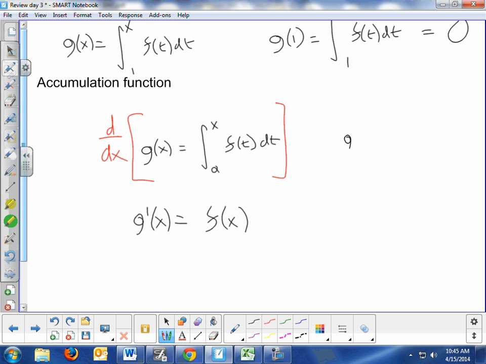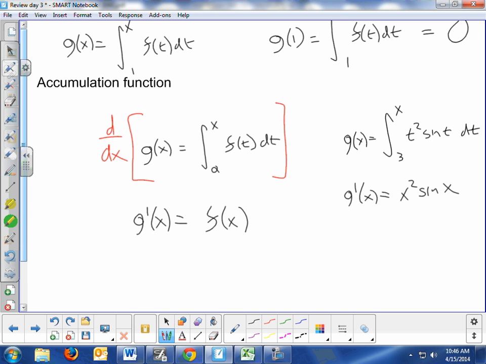So a quick example: g of x is equal to the integral from 3 to x of t squared sine t dt. G prime is just equal to x squared sine x. Without even a c, no c's, nothing.